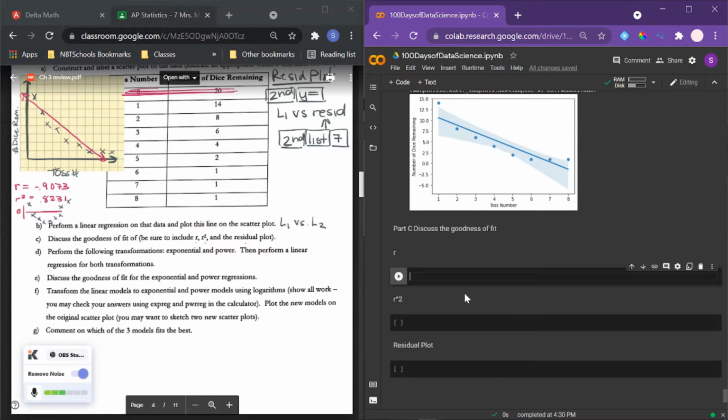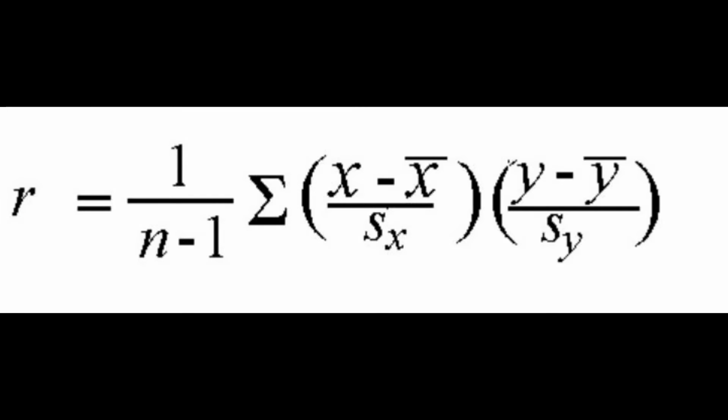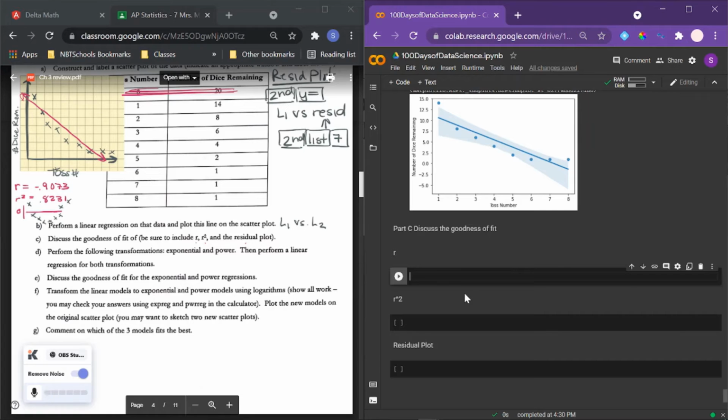The equation for your correlation coefficient, I believe, is 1 over n minus 1 times the sum of the z-scores. So your x initial minus your x mean divided by your standard deviation of x, times your y initial minus your y mean divided by the standard deviation of y.